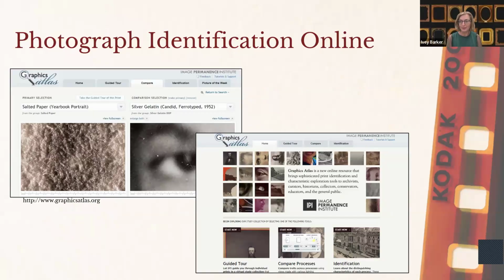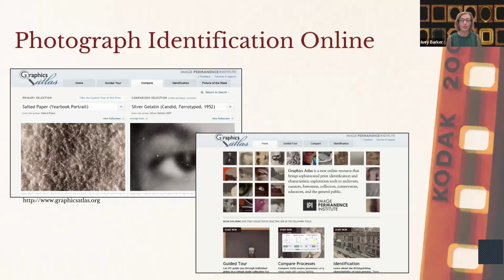This is one of my favorite websites. It was developed at the Image Permanence Institute, and it is jam-packed full of amazing information. It is free to access, Graphics Atlas, and it is in the resources links at the end of the webinar for you to explore. This website allows you to select specific photographs, zoom in on them.